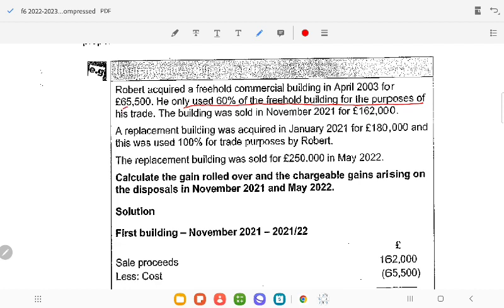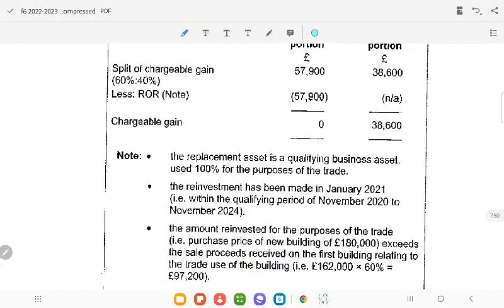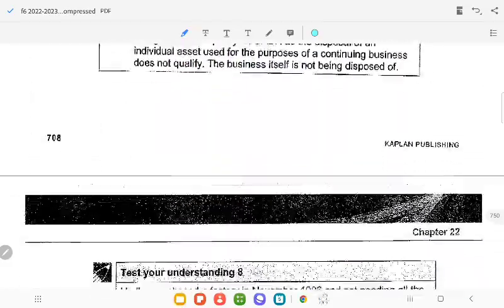He acquired that building for 65,500 and sold it for 1,62,000. So it is a total gain of 96,500, but out of which only the 60% portion that is used for trade purposes qualifies for ROR. So it is the business proportion, 57,900, which qualifies for ROR, not the private use portion.